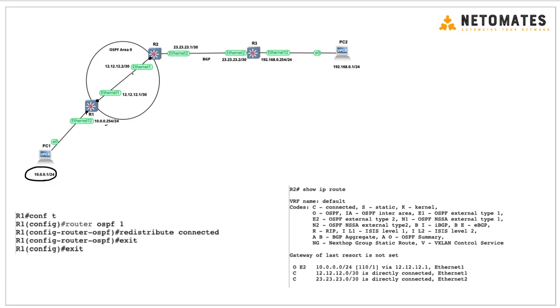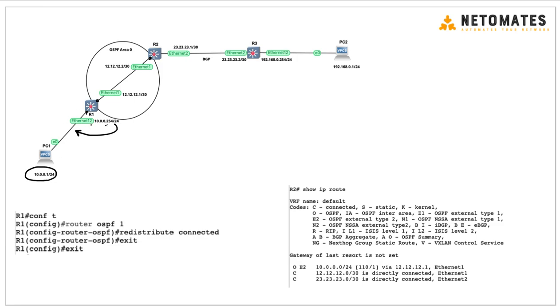So one way to tell the route to R2 is to enable OSPF here. But if you don't want to enable OSPF here, another way is we can tell OSPF to add the connected routes. Whatever routes you have connected, you can add into OSPF as an external route. That is called redistribution.